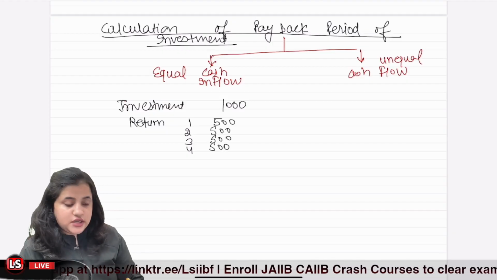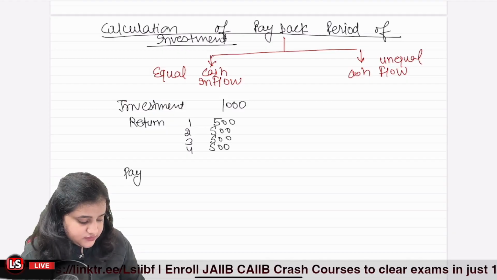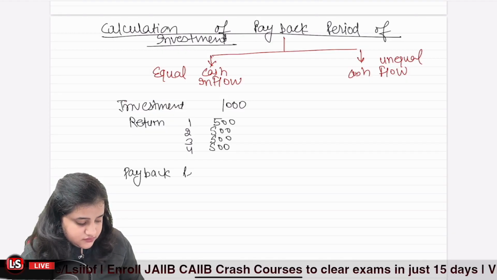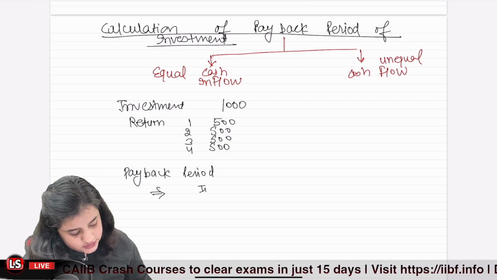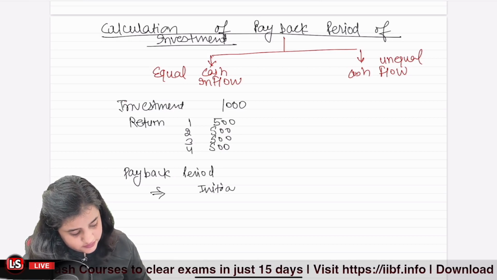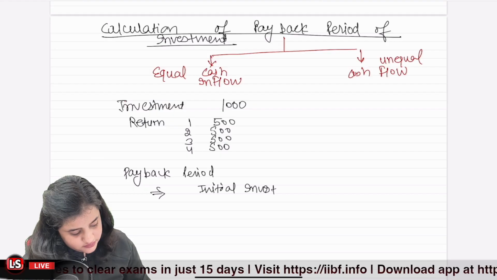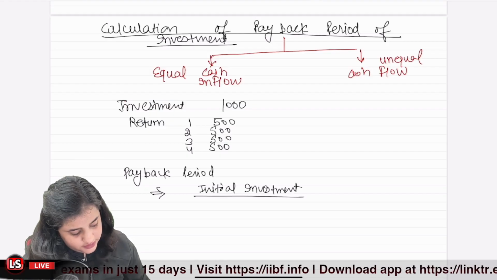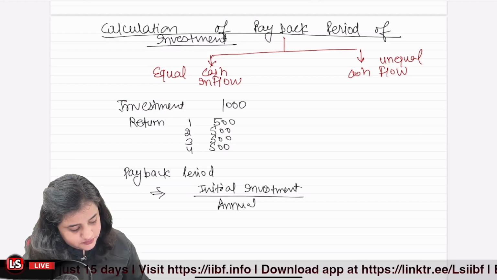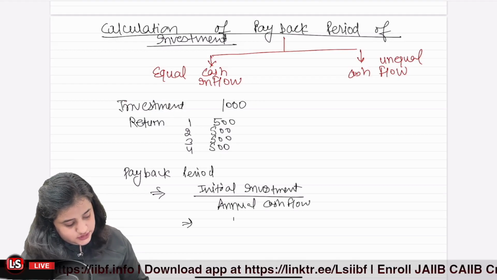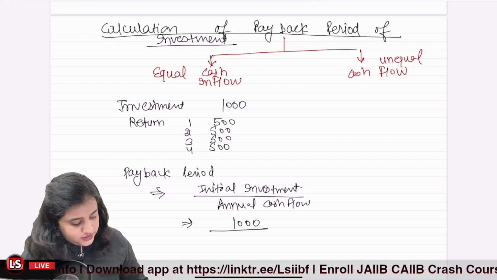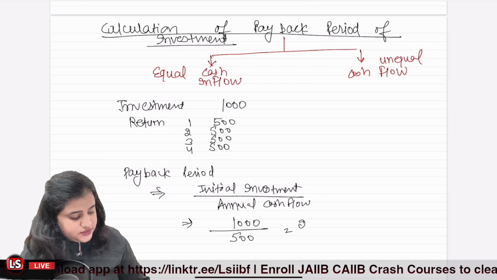So the formula to calculate the payback period is initial investment divided by annual cash flow. Initial investment is 1000, annual cash flow is 500. So the answer is 2 years.